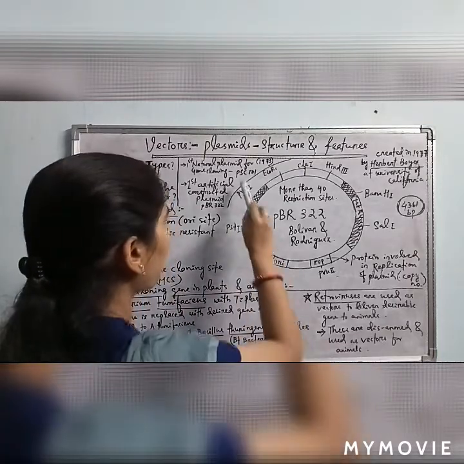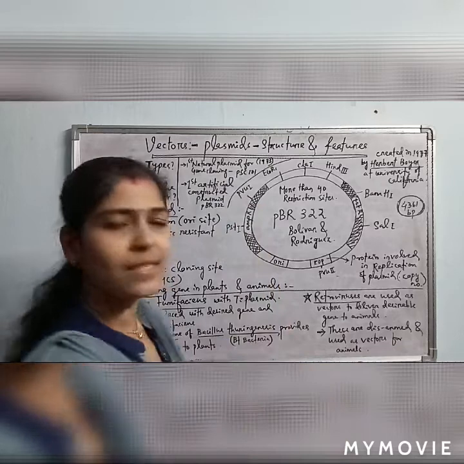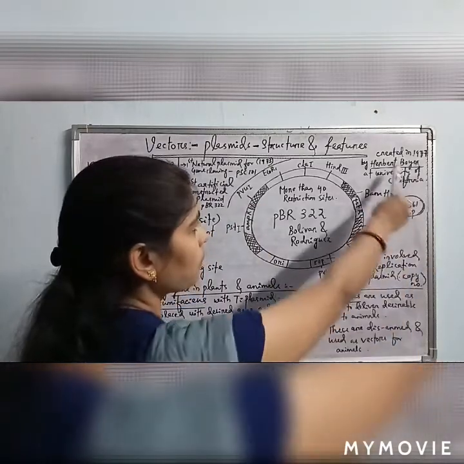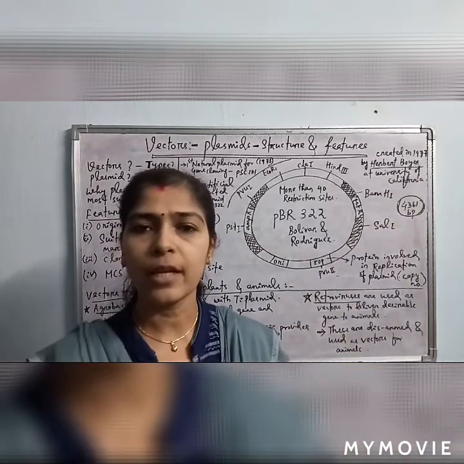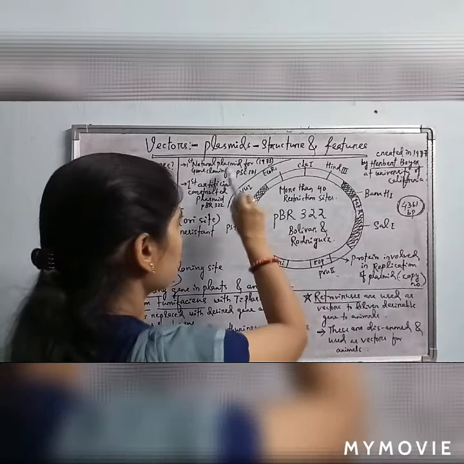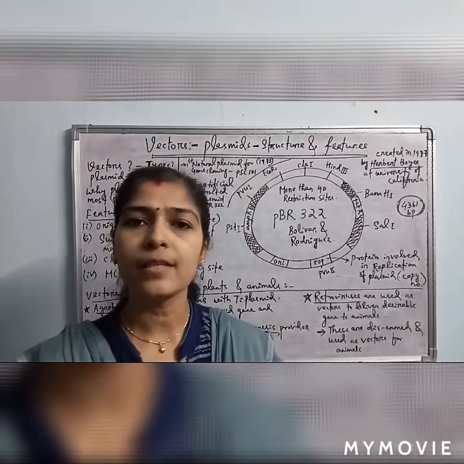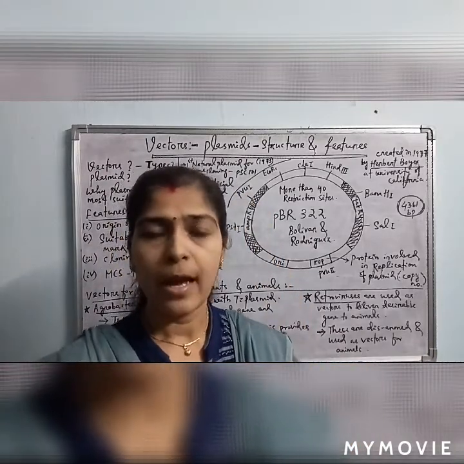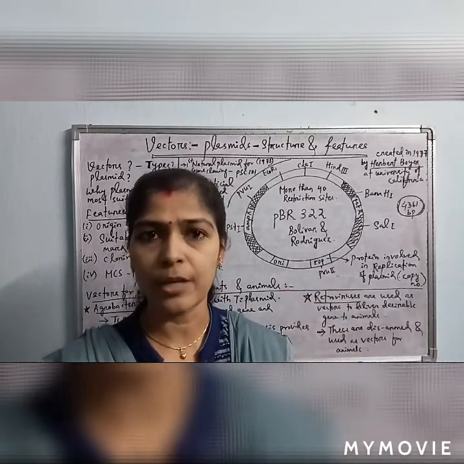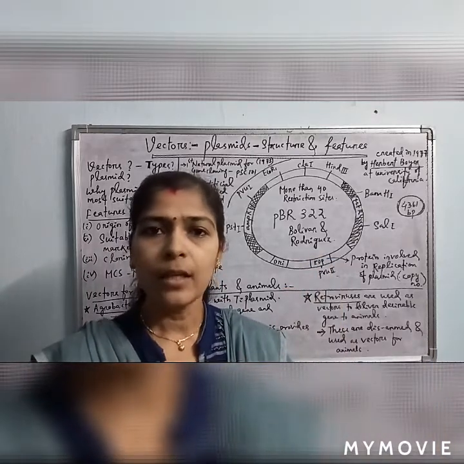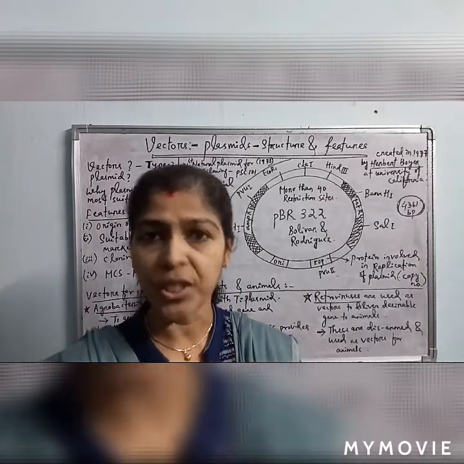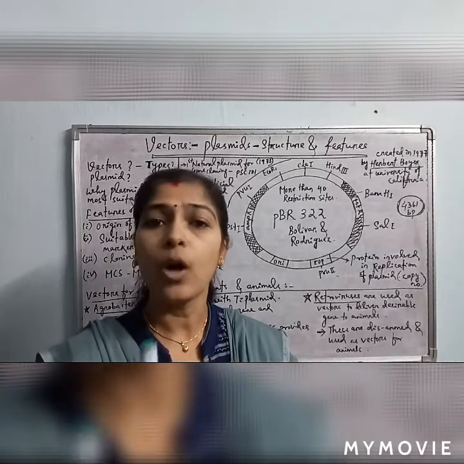P represents the plasmid, and SC stands for Stanley Cohen. Stanley Cohen and Herbert Boyer first extracted this pSC101 plasmid from the bacterium Salmonella typhimurium. The plasmid was linearized using a restriction endonuclease and then ligated with an antibiotic resistance gene to make a recombinant plasmid.